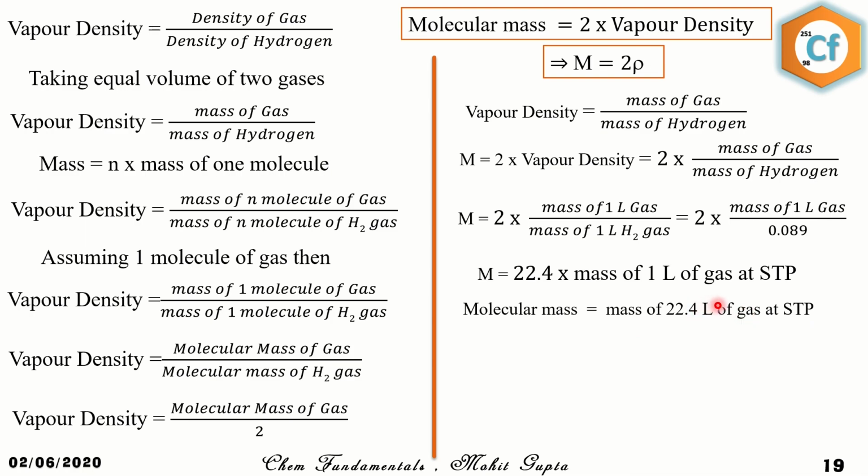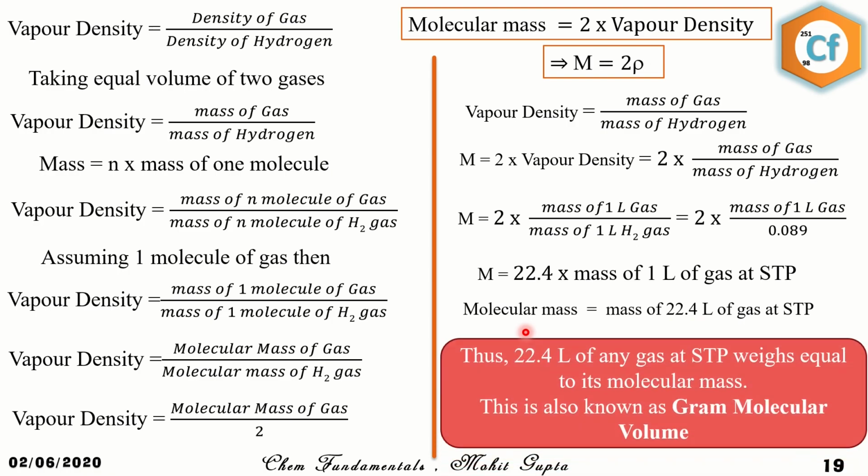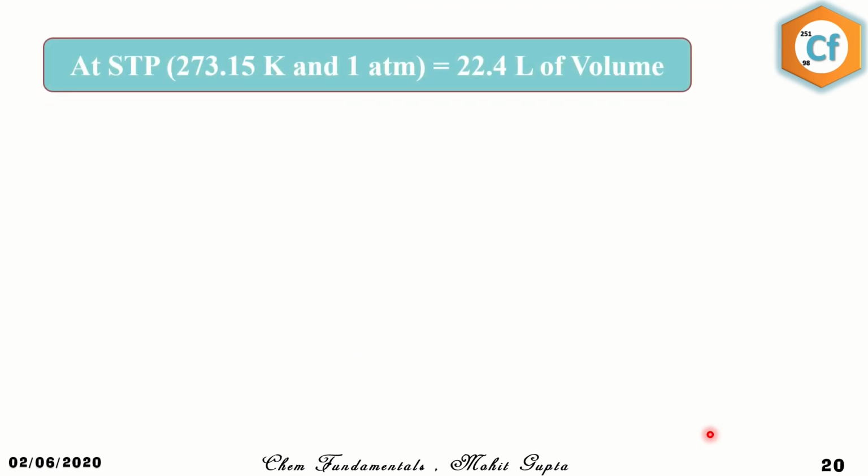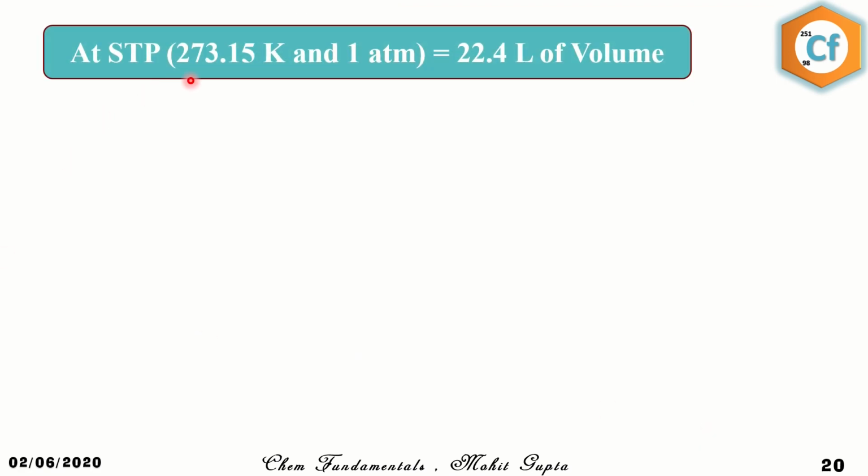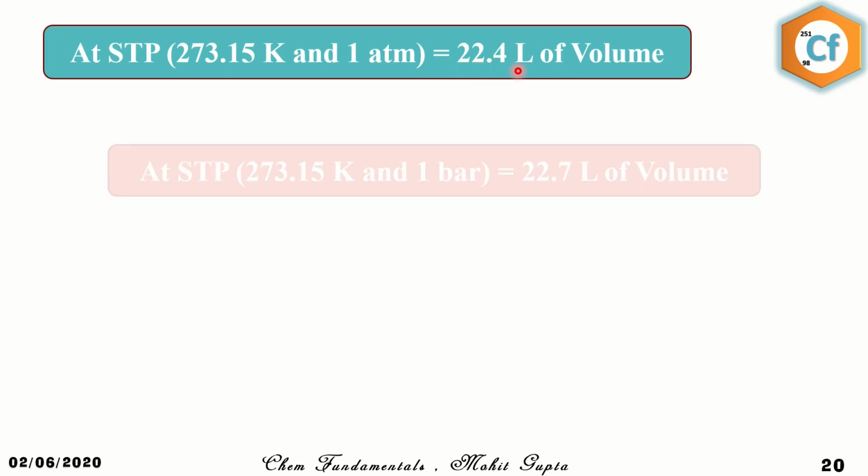Okay, so whatever is the mass of the gas in 22.4 liters, it would be equal to the molecular mass. Hence I can write 22.4 liters of any gas at STP is equal to its molecular mass, and this is also known as gram molecular volume. So at STP, which is standard temperature and pressure, that is 273.15 Kelvin and 1 atm, the molar volume is 22.4 liters.